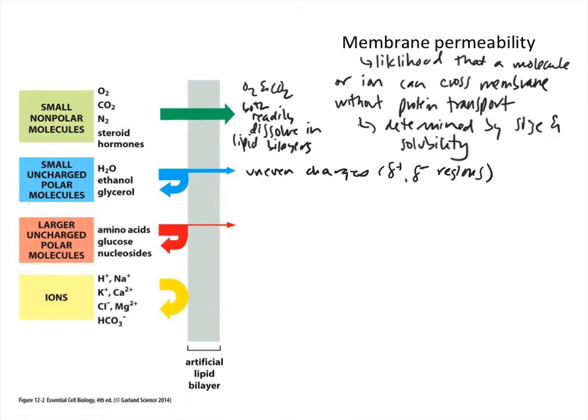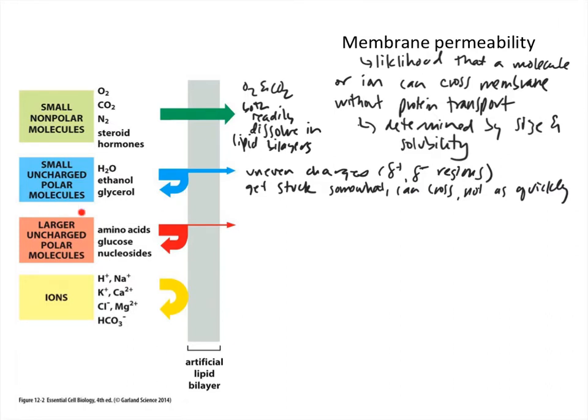So compared to the nonpolar molecules, these will get stuck as they try to cross the membrane, and they don't move as quickly. They can cross, but not as quickly as the small nonpolar molecules.